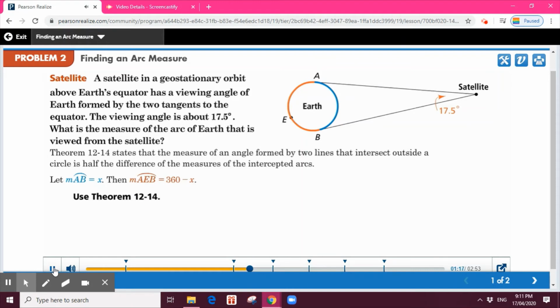Use theorem 1214 to write an equation to find the measure of each arc. So 17 5/10 equals 1/2 times the difference of the measures of arc AEB and arc AB. Substitute 360 minus x for the measure of arc AEB and substitute x for the measure of arc AB. Now simplify.